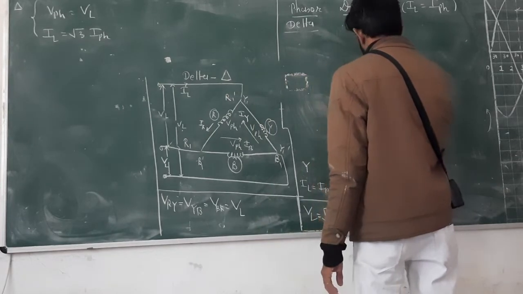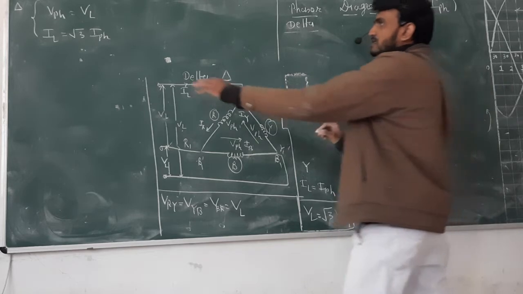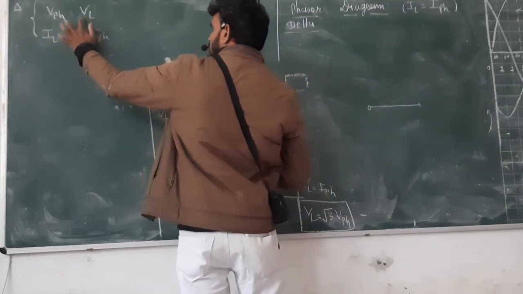Okay, so let's plot it on the phasor diagram. Here I have a current vector, because we know that the voltage is the same, so we do not draw that diagram.